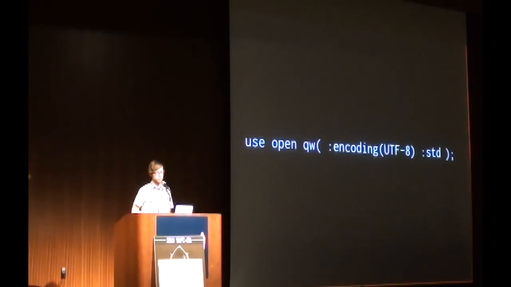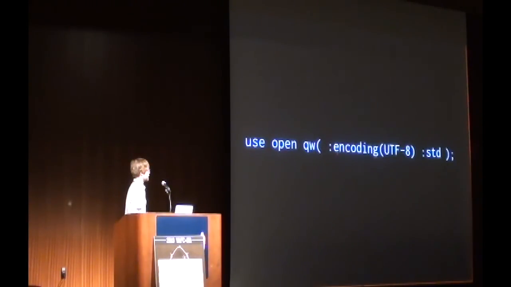Then for I/O, if you want your input, output, including warnings to standard error, all treated as UTF-8, and character strings internally, this is a very convenient way to do it. The open pragma, you can set here that your Perl I/O layer is encoding, specifying the encoding as UTF-8, and let's ignore this part here for a second.